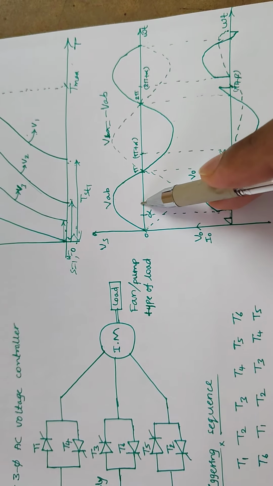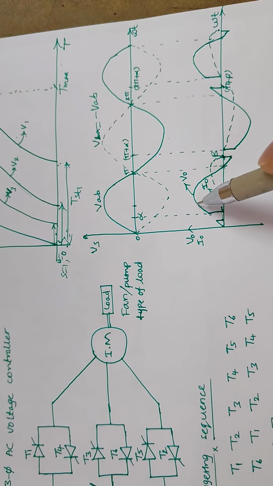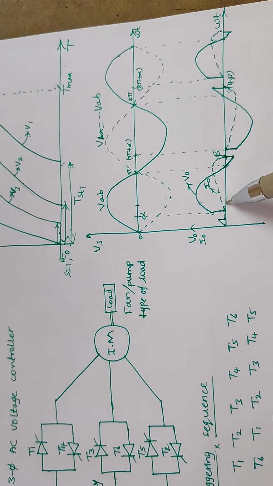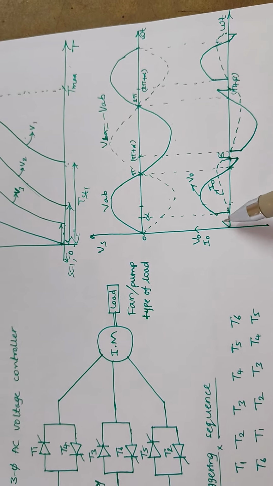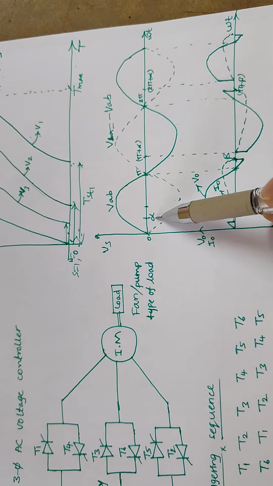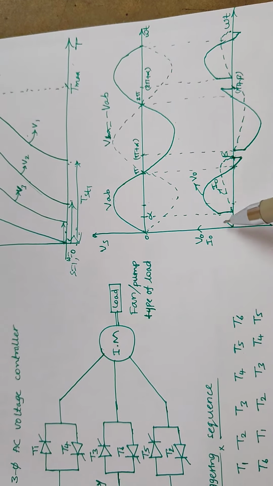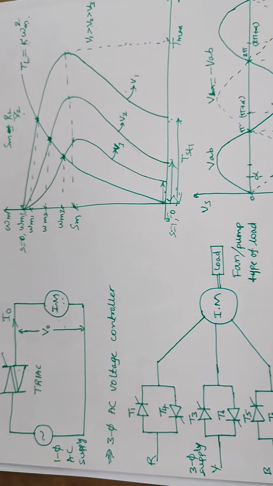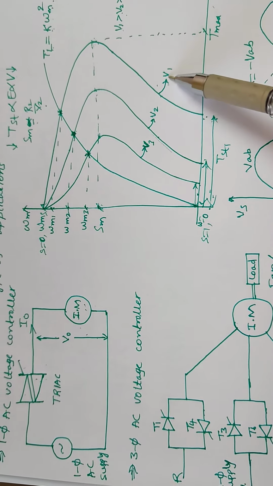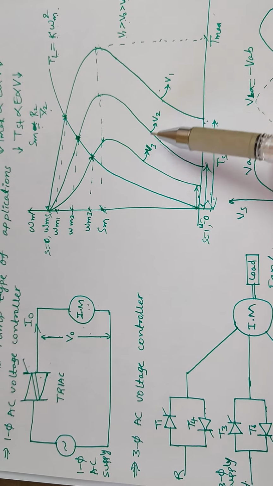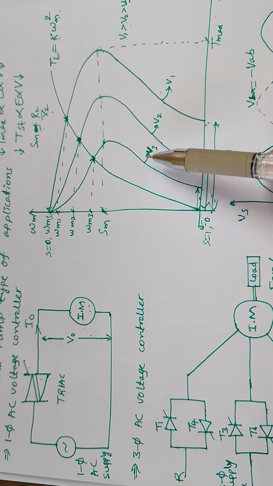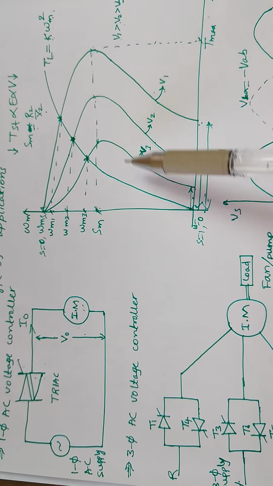If you increase the firing angle, instead of alpha here, if you keep alpha here, your voltage will start from here onwards. In this way, the voltage is controlled. By controlling the firing angle, the voltage is controlled. That voltage control reduces or increases the voltage, which changes the speed-torque characteristics.